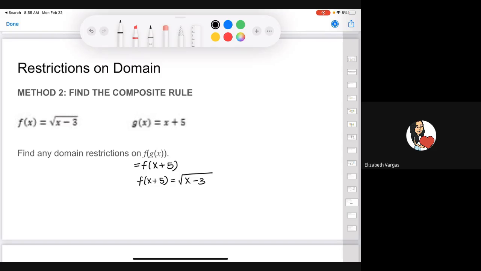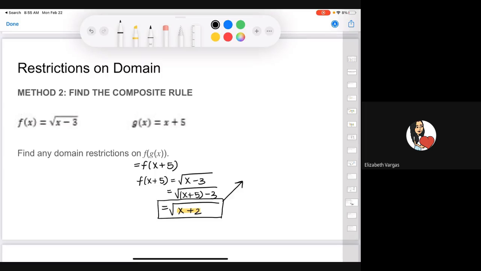Which is equal to... okay, and so this is our resulting equation, our composite equation. And so now what we can do is just take the domain restriction of this equation. The way we would do that is find what x needs to be in order to make that equal to 0.